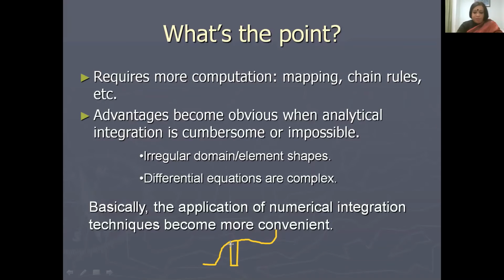And when you draw the trapezoid, remember, you will be approximating the actual curve with a straight line. And you find the area of this trapezoid. There is an error because this straight edge of the trapezoid does not necessarily match with a curved spline. So you get errors because of that.